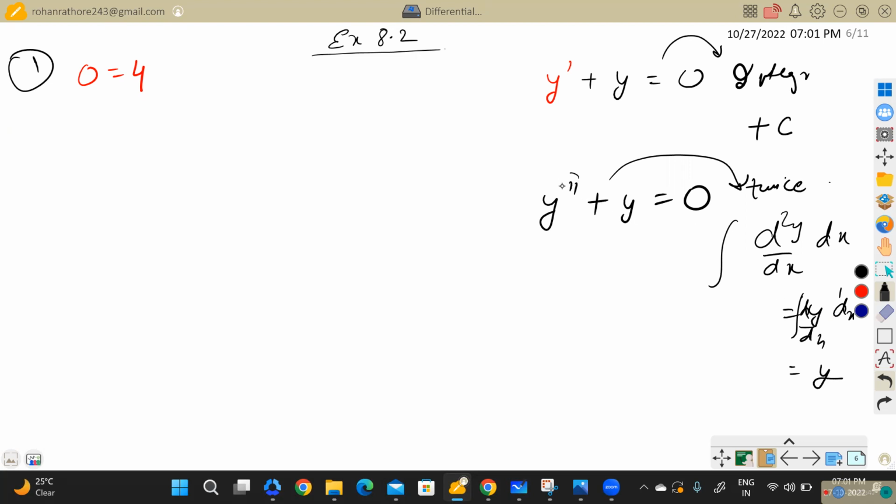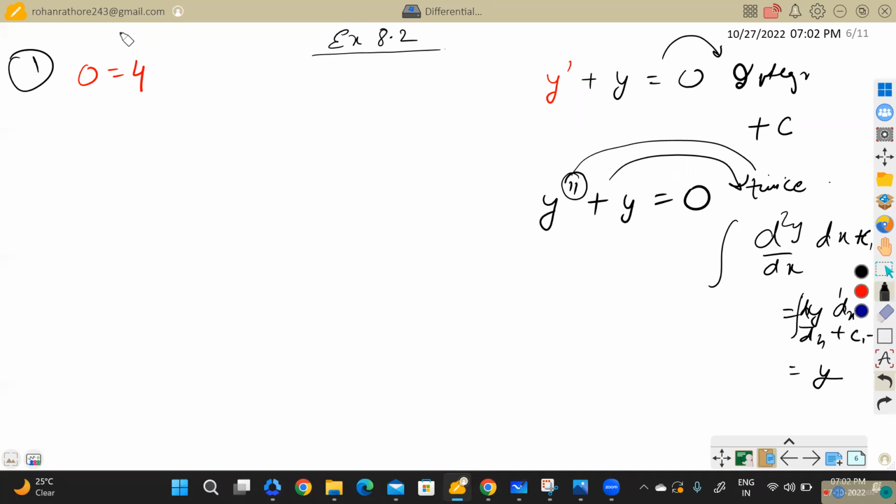So to reduce this double derivative, we need to integrate twice. While integrating twice, how many arbitrary constants will we get? We get two arbitrary constants. Yes, sir. In our first step when we integrate once we get one, and in the next step we'll get one more. So this is C1 and we'll get C2.